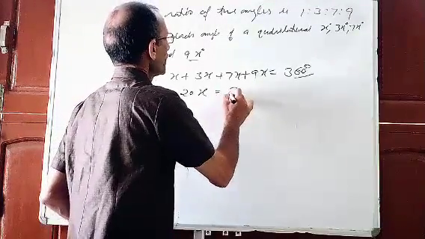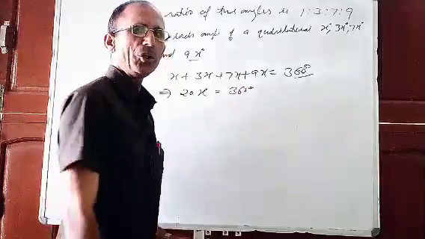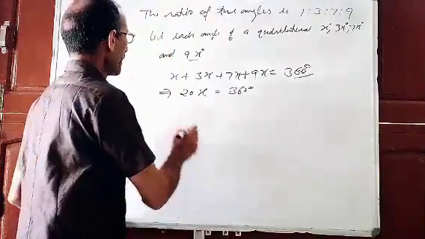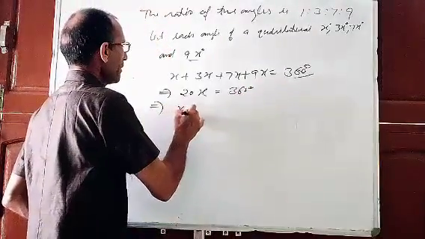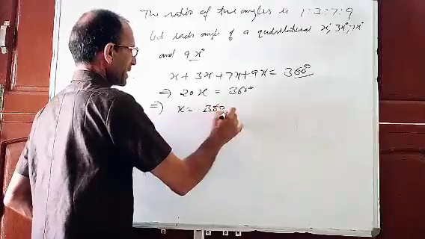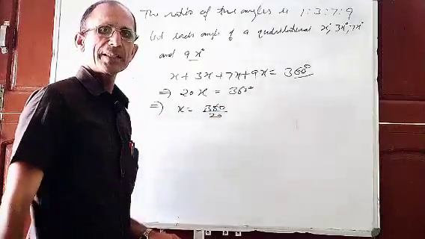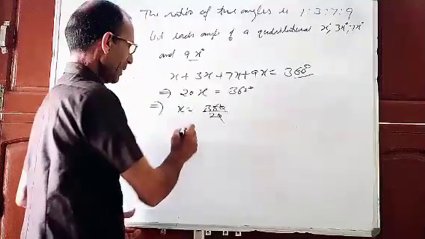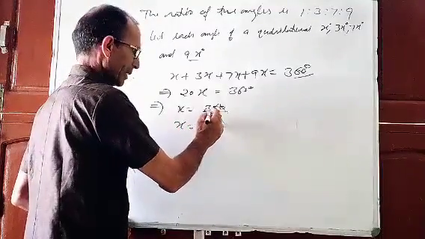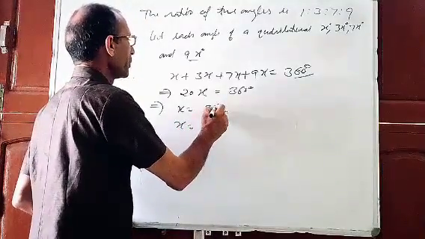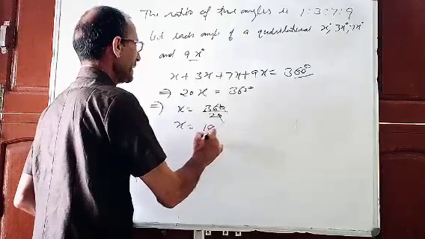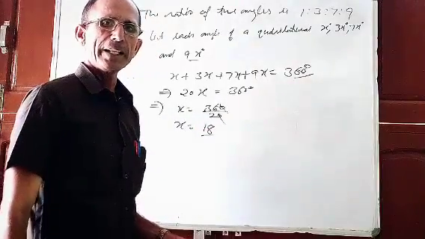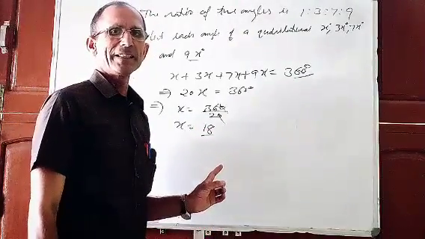Okay. Now equal to 360. x will be equal to 360 by 20. Zero cancels zero. x will be equal to 360 divided by 2, so it will be 18. So the value of x is 18.